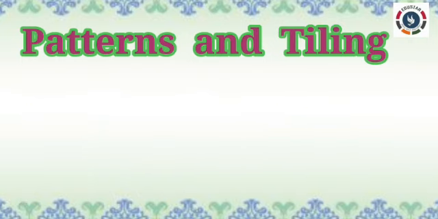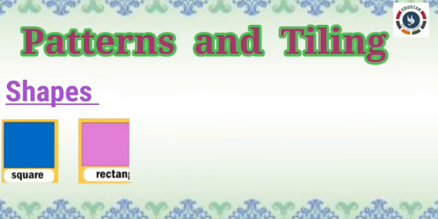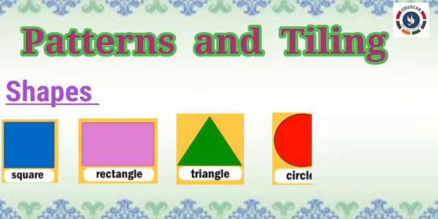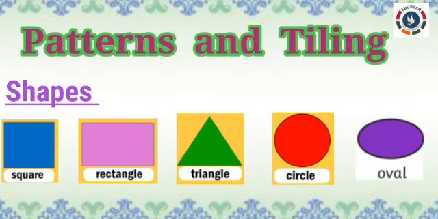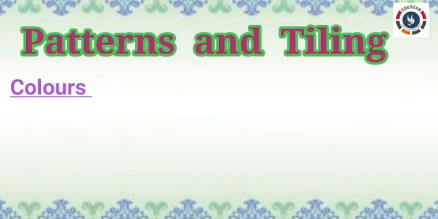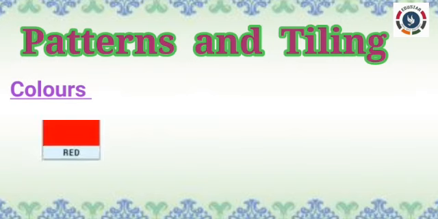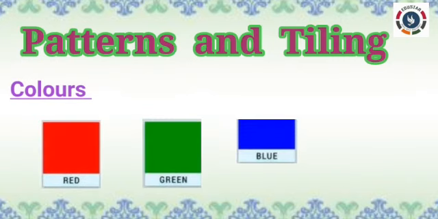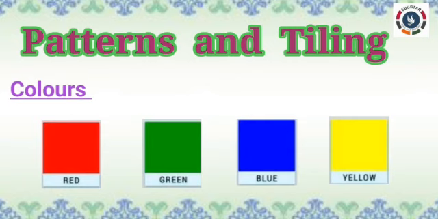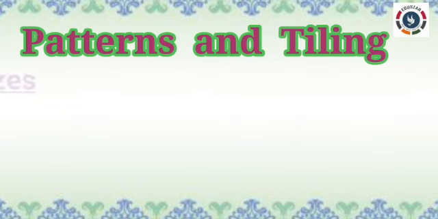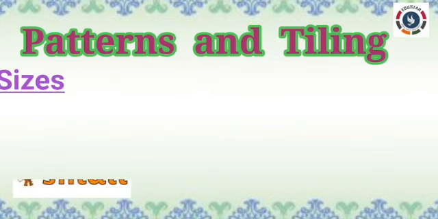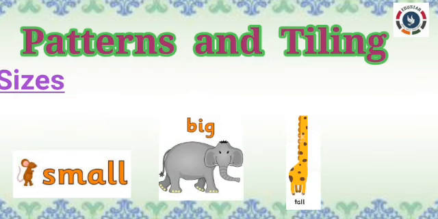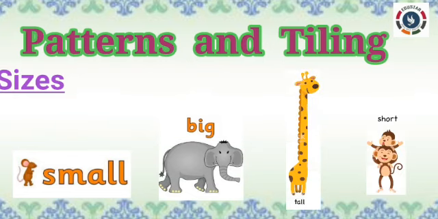First, by using different shapes like square, rectangle, triangle, circle, oval, and so on. Next, by using different colors like red, green, blue, yellow, and so on. Then, by using different sizes like small, big, tall, short, and so on.